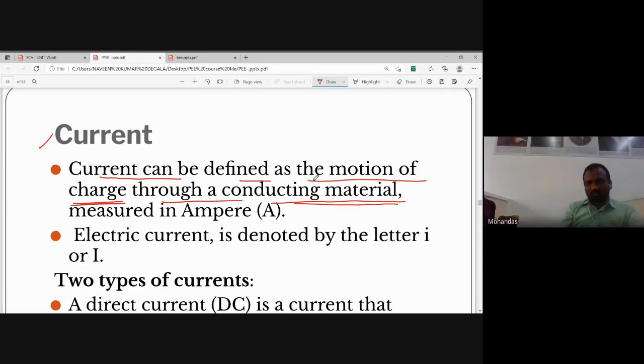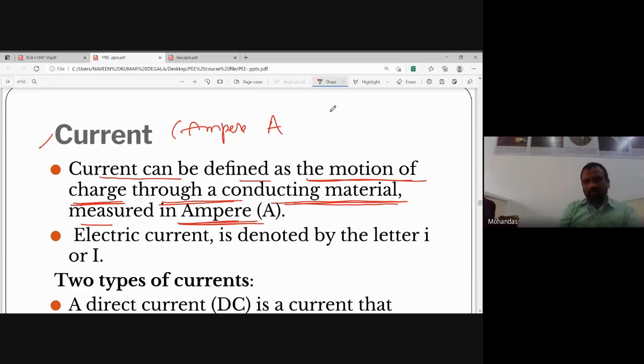The motion of charge through a conducting material is known as current, or indirectly the time rate of flow or motion, both are the same. Flow of electrons is known as current, and it is measured in ampere. So the unit for current is ampere. Very, very important. Ampere. Shortly it is known as A.